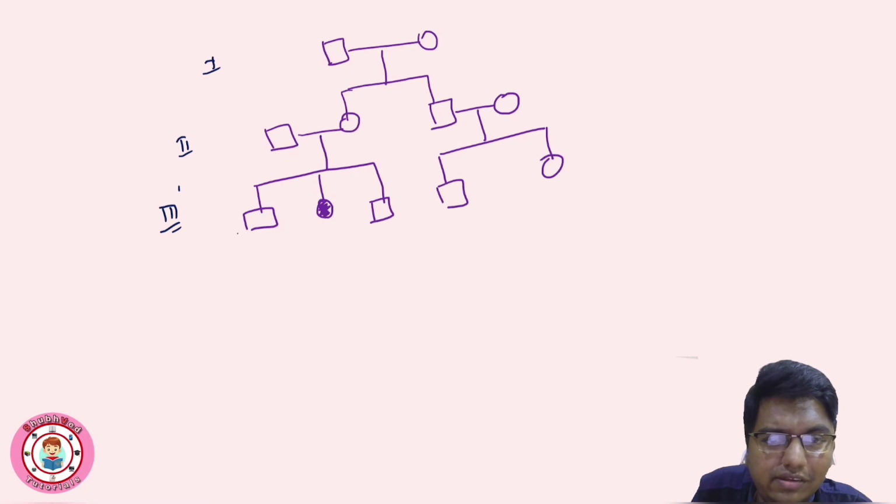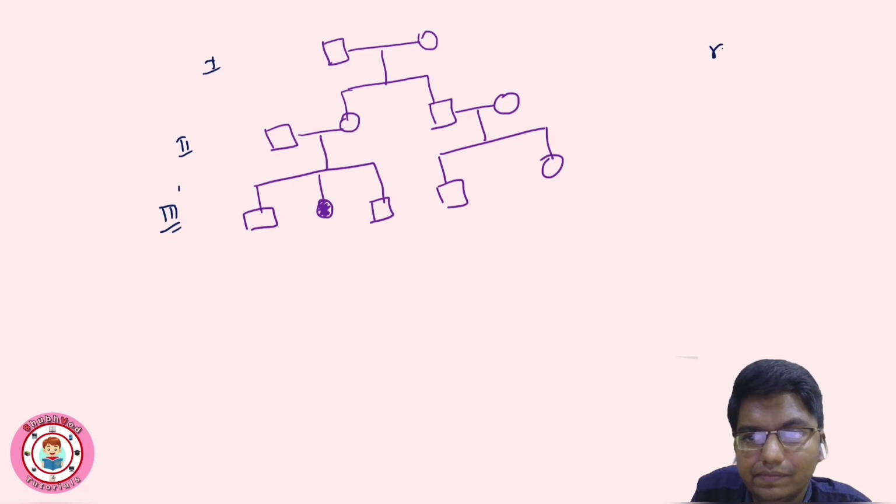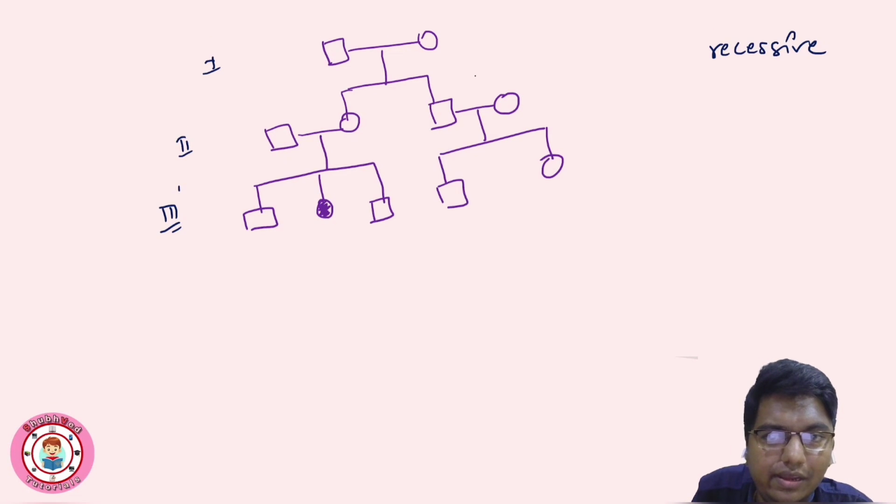Directly in the third generation we see the disease here. So there must be a carrier here somewhere. So this is a recessive trait. This is how you will find the recessive trait, because it is expressed in the third generation and the previous generations are not affected. So there must be a carrier somewhere.